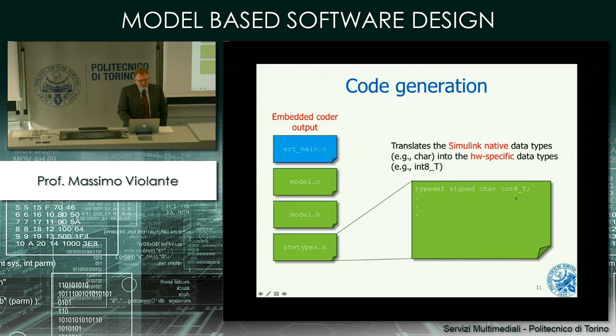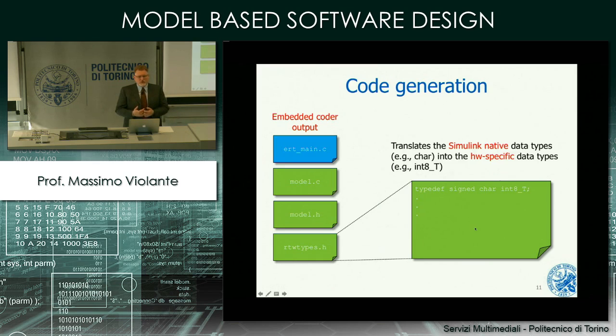And for example, we define the char data type as an integer over 8 bits. int8_T means integer over 8 bits. So in our platform, we have the hardware-specific data type that is integer over 8 bits. In Simulink, we have the native data type that is char.